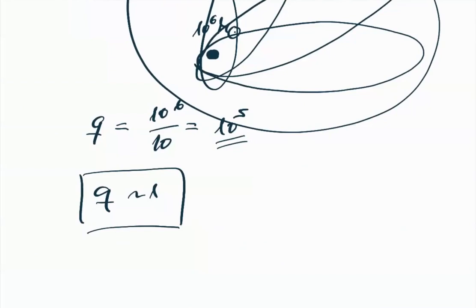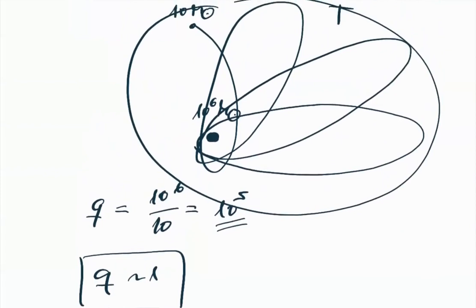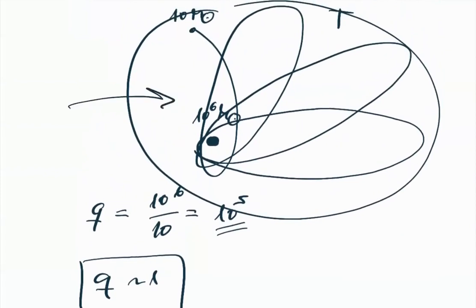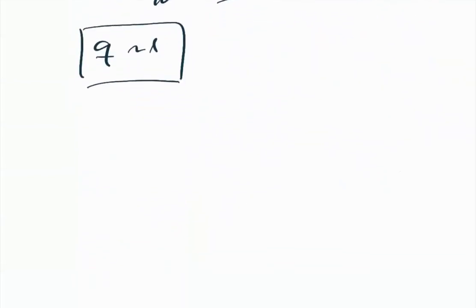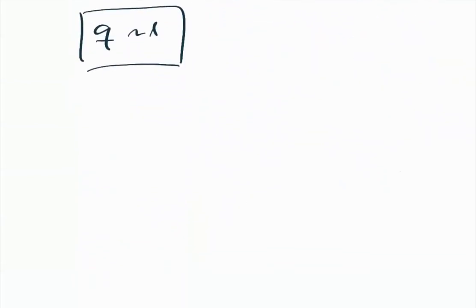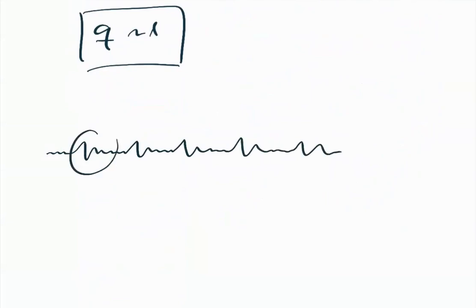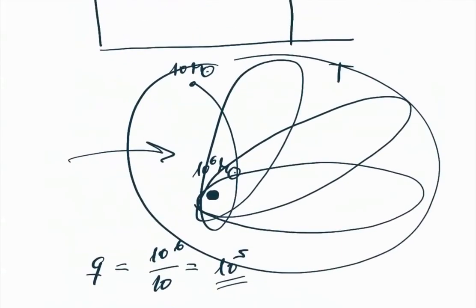So if you look at the evolution of one of these systems, like the one that was shown to you before, one of the polarizations of the gravitational waveform is going to look a little bit like this: jup, jup, jup, jup, jup. Every one of these peaks corresponds to the moment in which this small black hole is very close to the supermassive black hole.